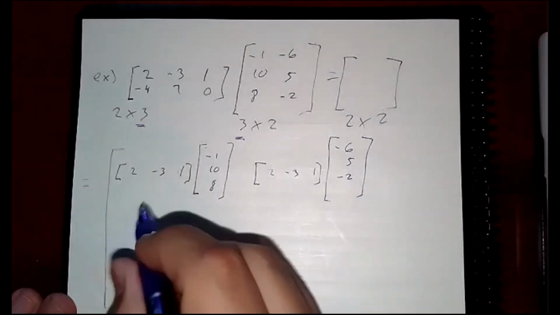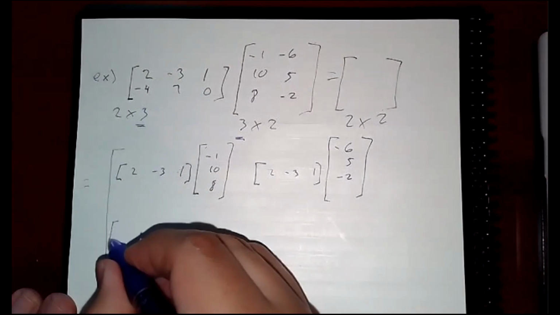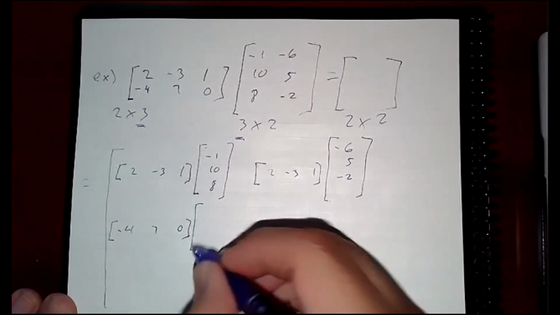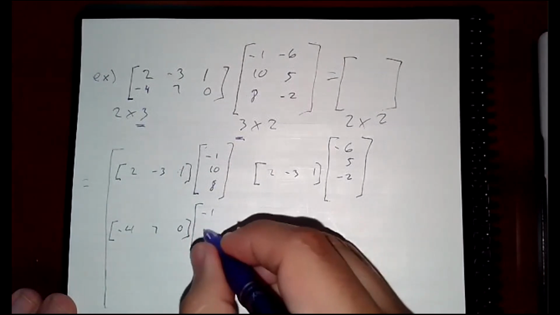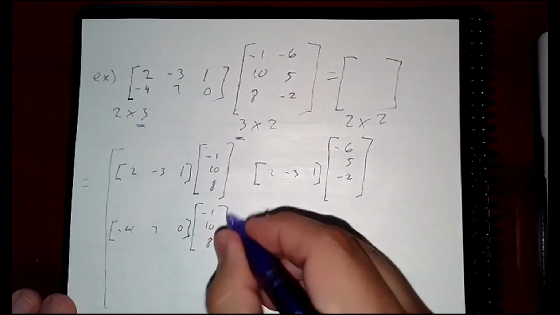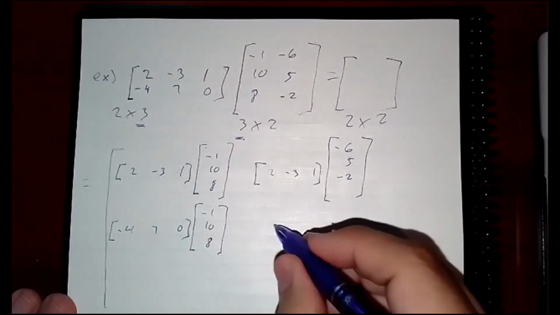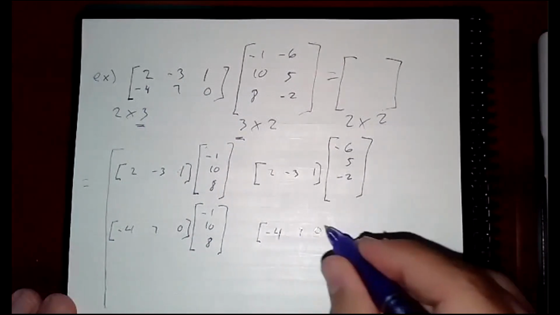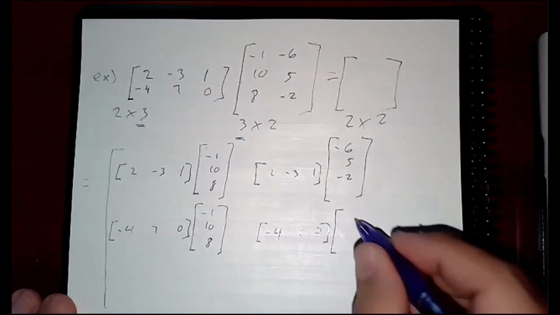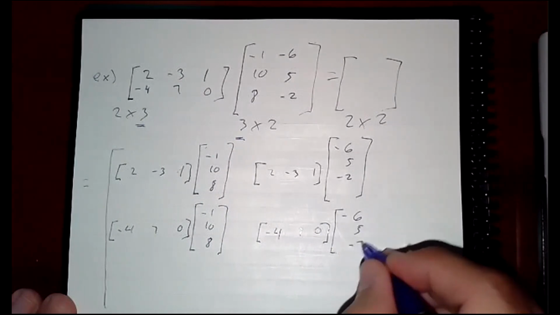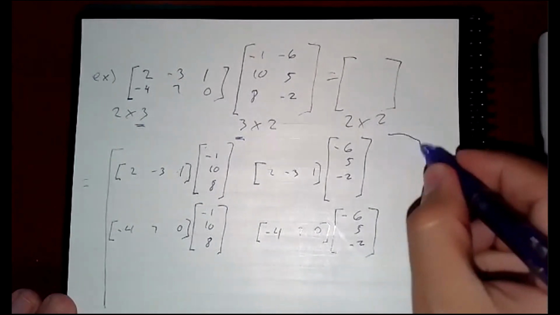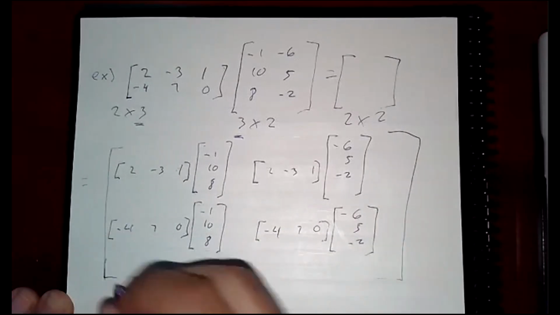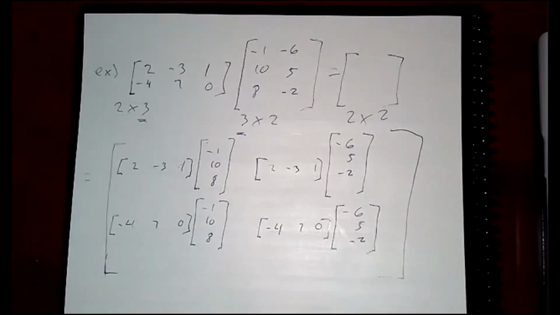Okay. Then I go to the next row: -4, 7, 0, times -1, 10, 8. Stay with the same row, -4, 7, 0, times the last column, -6, 5, -2. Okay.